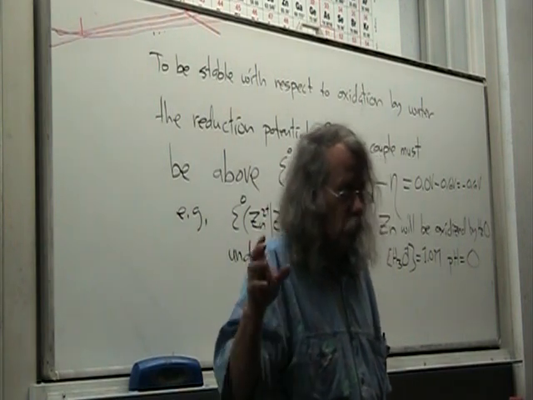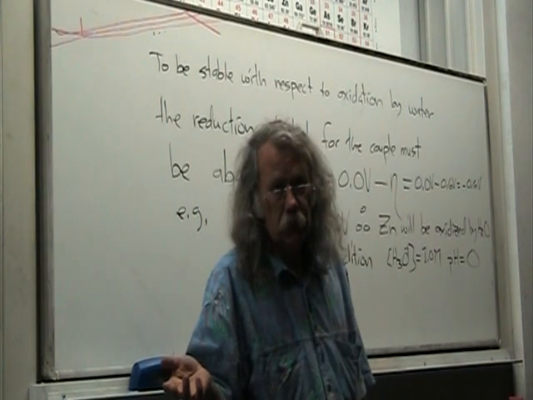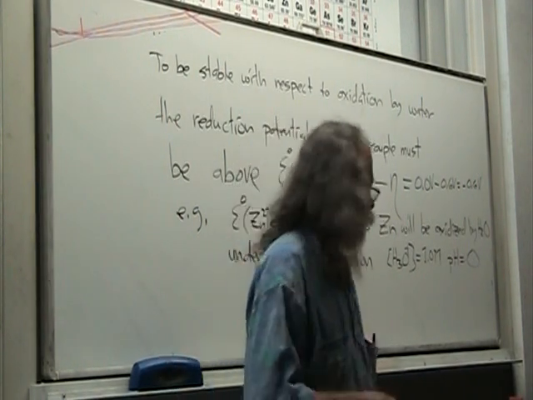Zinc is stable in water at a pH of 7 because it's above the line.